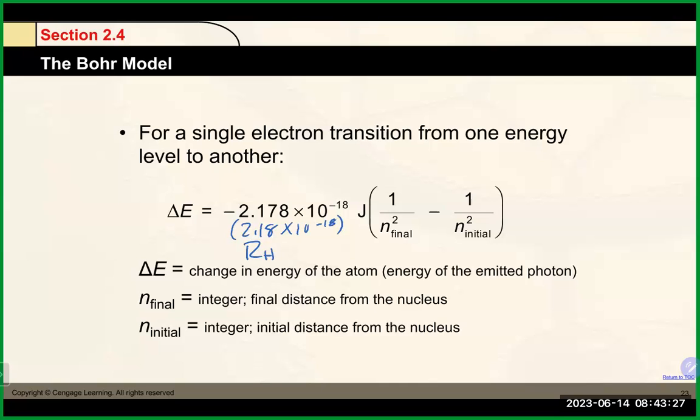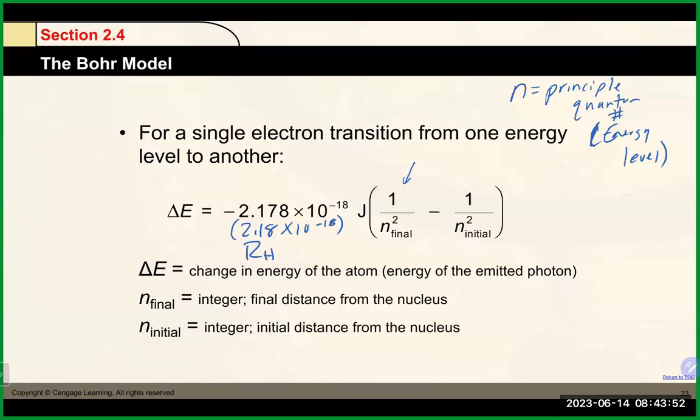It is multiplied by 1 over n squared final. N is the principal quantum number, by the way. It is a fancy word for energy level, basically.